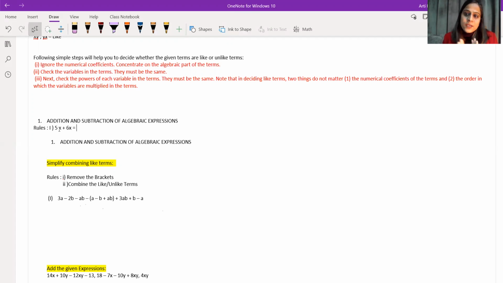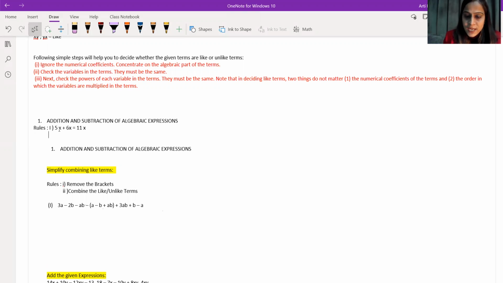Here 5x plus 6x, so only the numeric part, I'll see 5 plus 6. 5 plus 6 is 11 and the variable will remain the same.